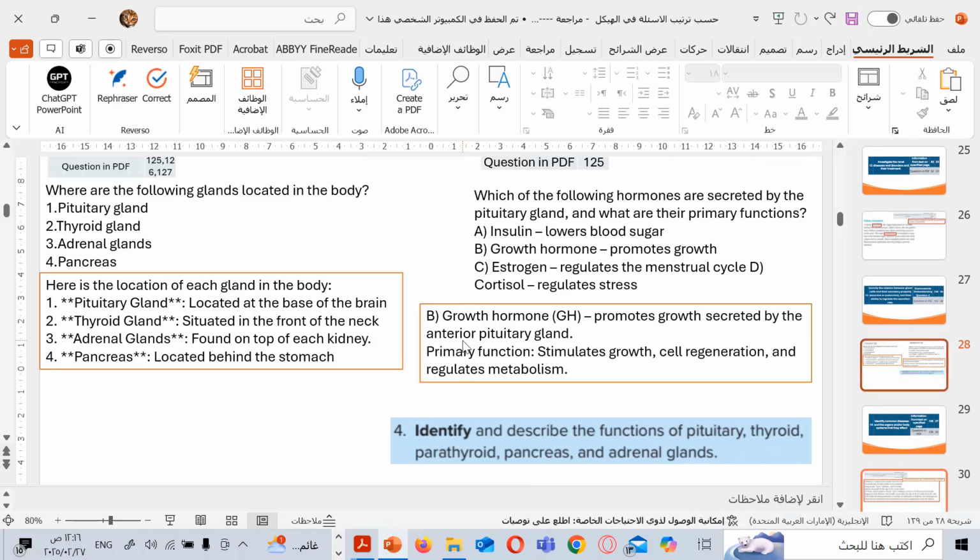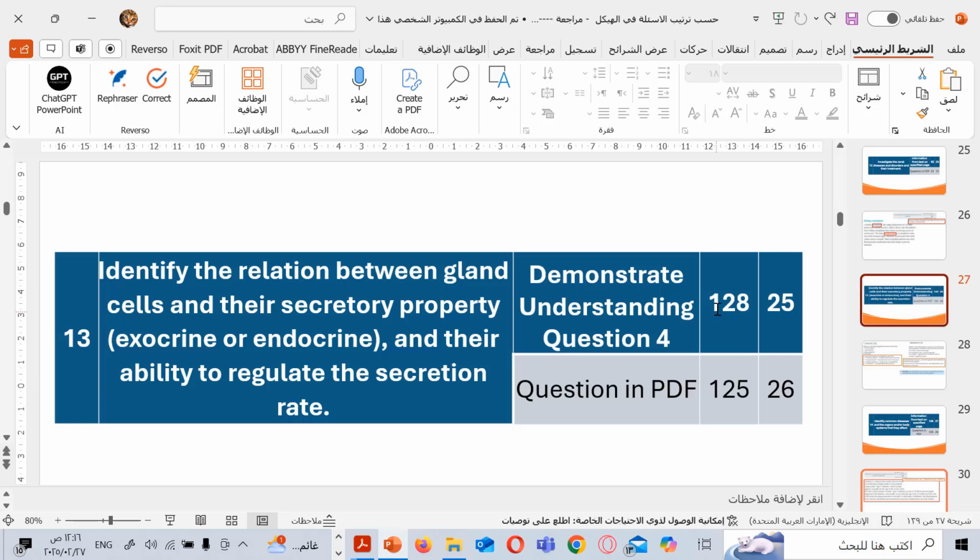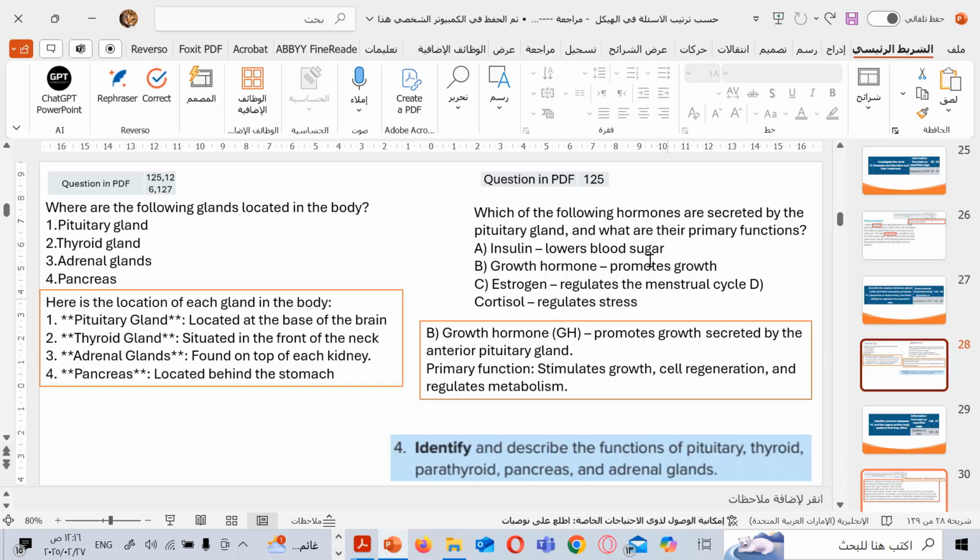This is the question and this is the solution. This is question number 125. He asked which of the following hormones are secreted by the pituitary gland and what are their primary functions.